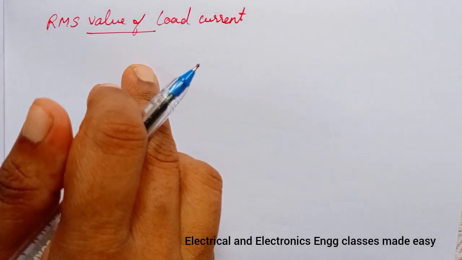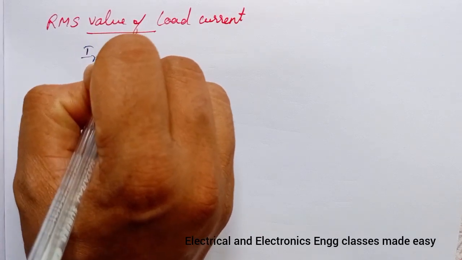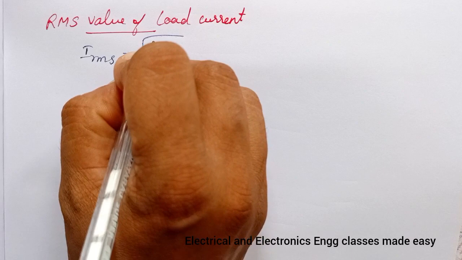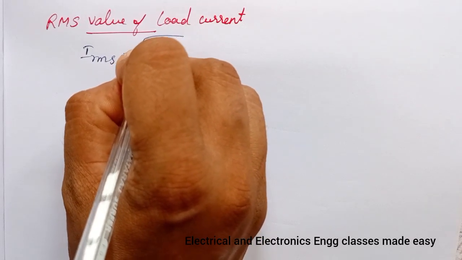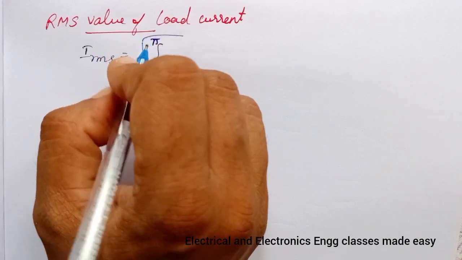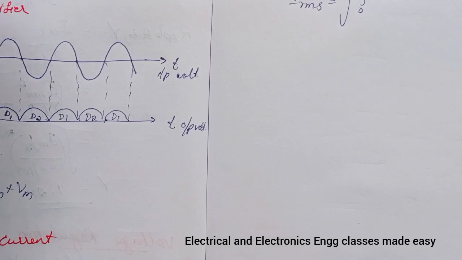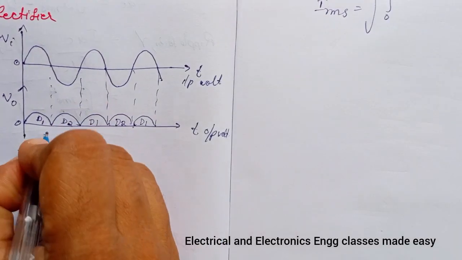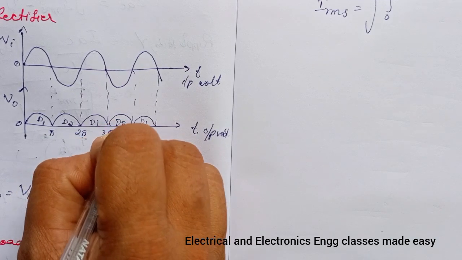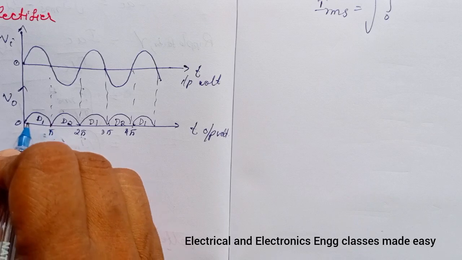Next is RMS value of load current. Irms equals the square root of the integral over 0 to pi, because in the output voltage we have only half cycles, so here this is pi, 2 pi, 3 pi, 4 pi, etc. We have to consider the first half cycle.